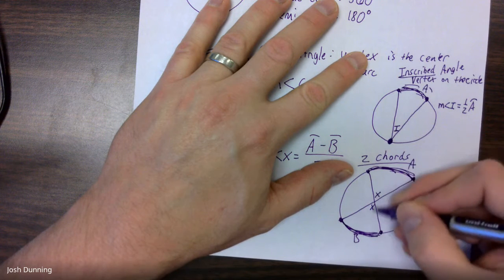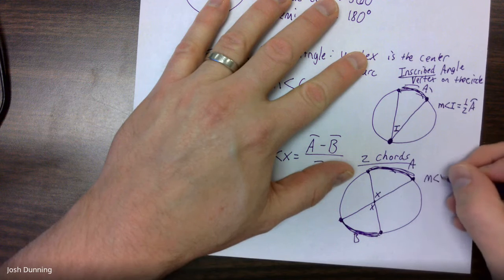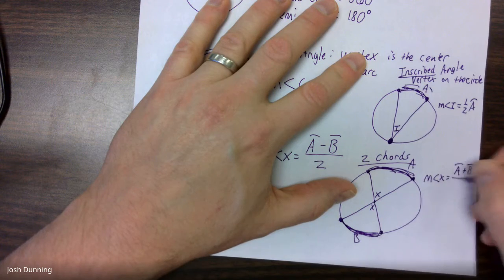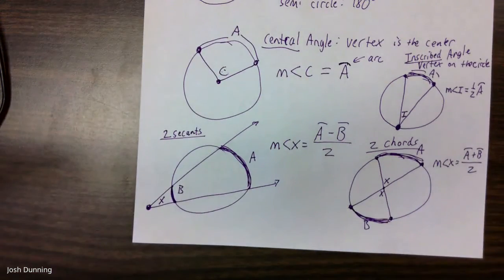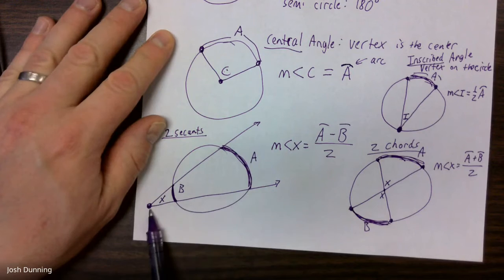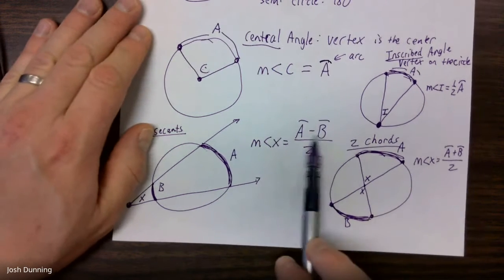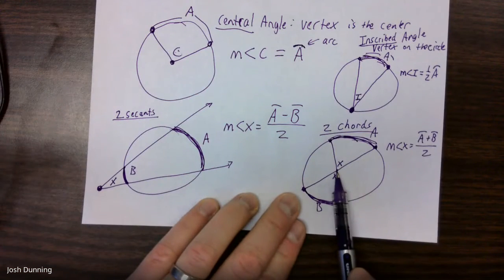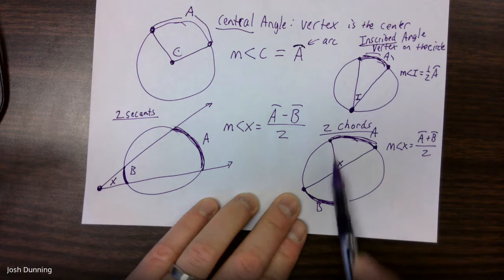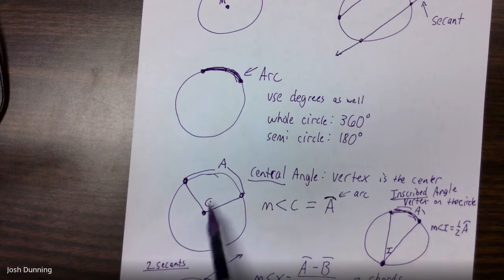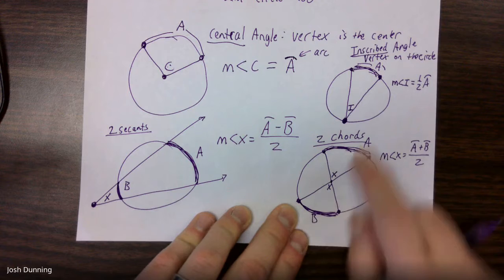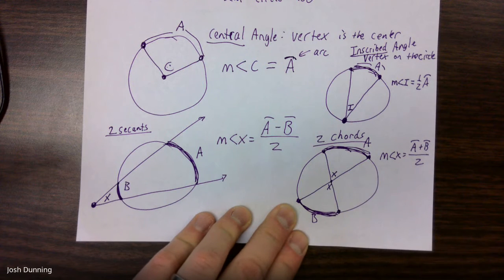Either X here, because they're the same because of vertical angles, measure of angle X, instead of subtracting, you add. So for the more complicated problems today, if they intersect outside the circle, subtract. Bigger arc minus a smaller arc. If instead we have an angle formed inside the circle by two chords, then you add the arcs, divide by 2 to get the angle.